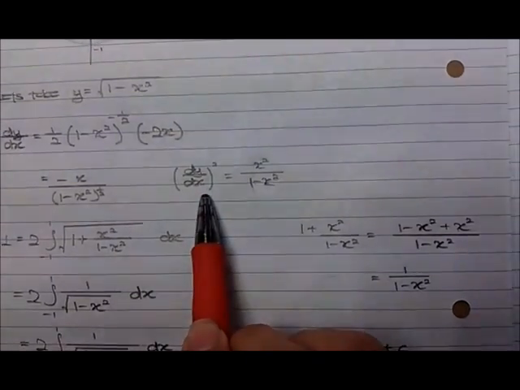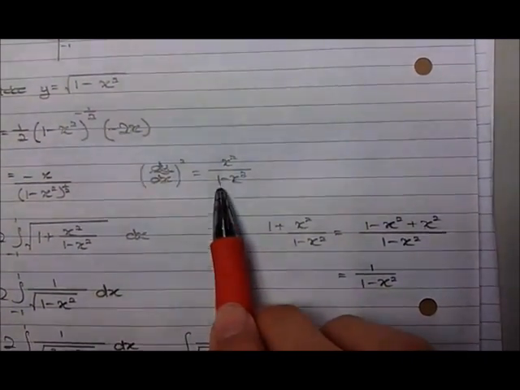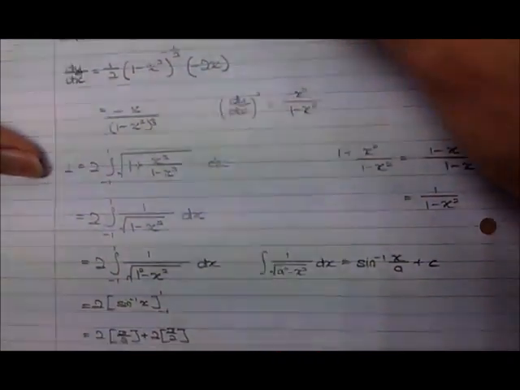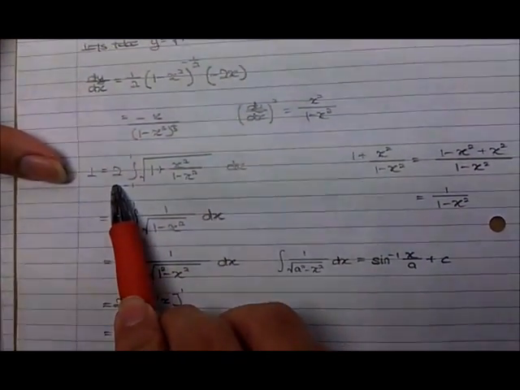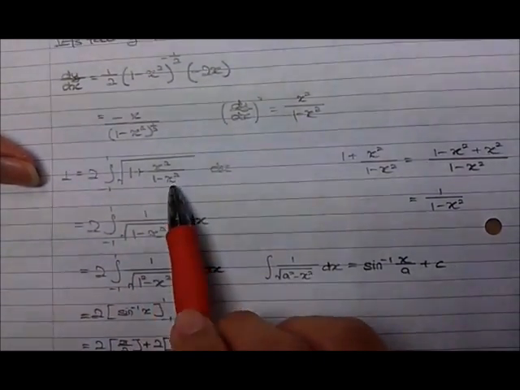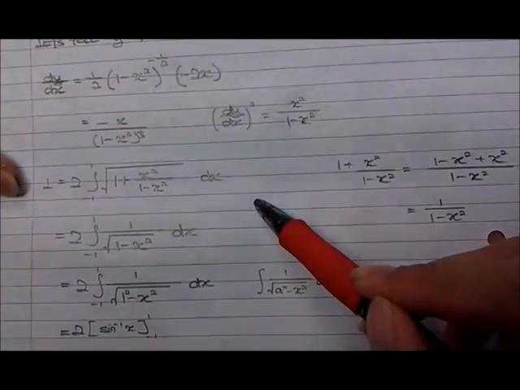You square dy/dx, you get x squared over 1 minus x squared. So the arc length of the whole circle would be 2 times the integral of the square root of 1 plus (dy/dx) squared, which is this.